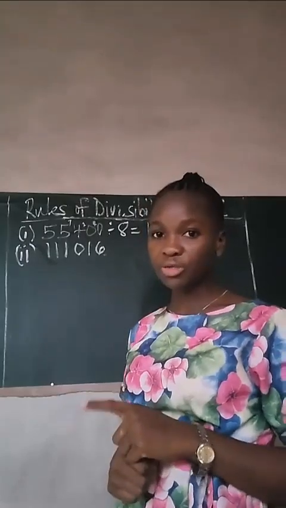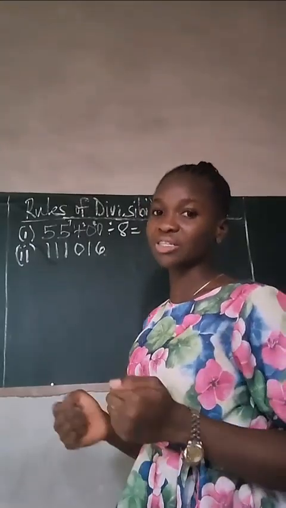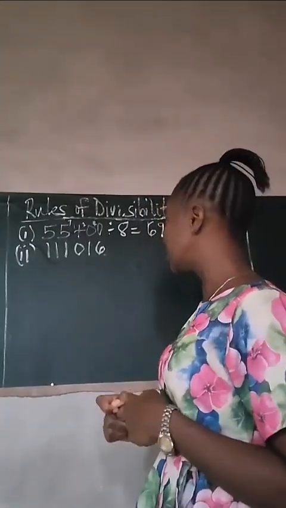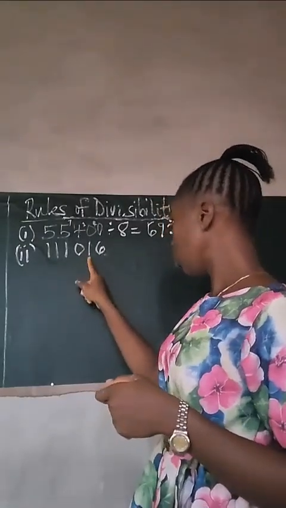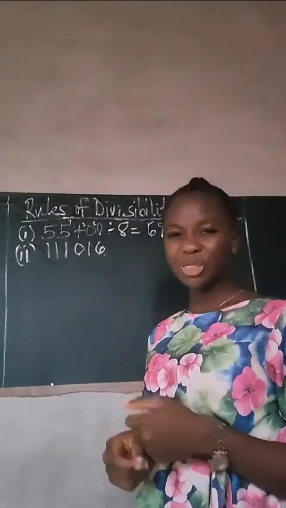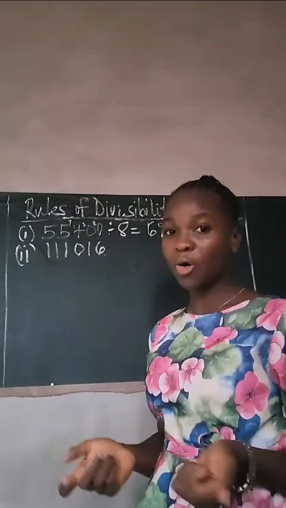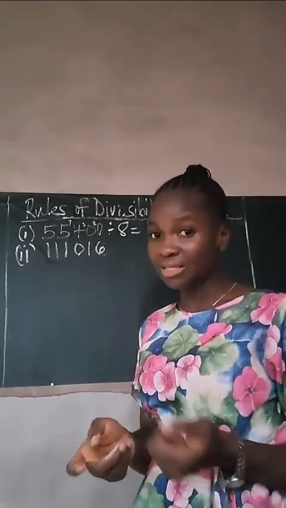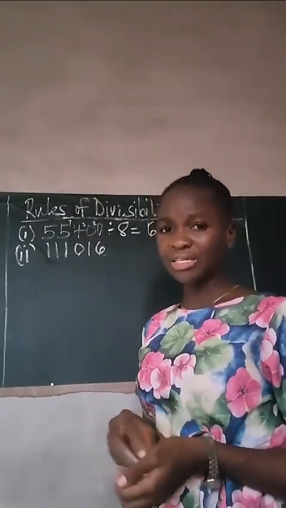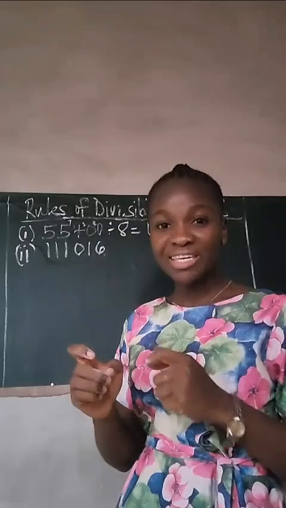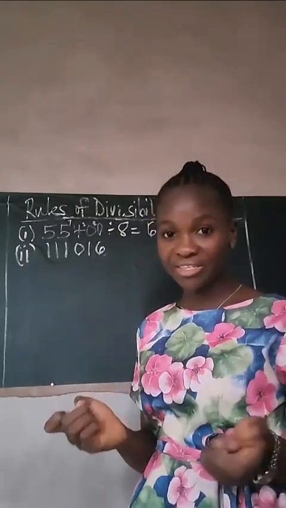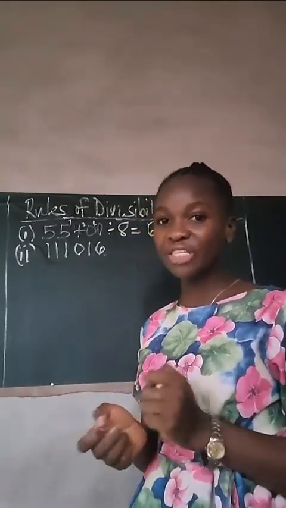First and foremost, don't forget we are going to check the last 3 digits. What are the last 3 digits? We have 0, 1, 6, which is the same thing as 16. So we ask ourselves, is 16 divisible by 8? Yes, 16 is divisible by 8.